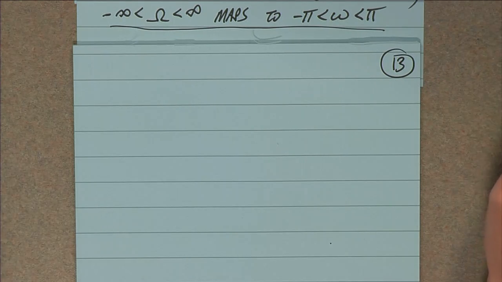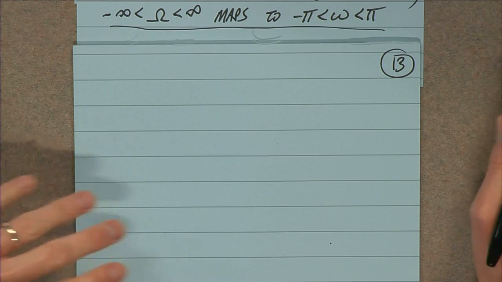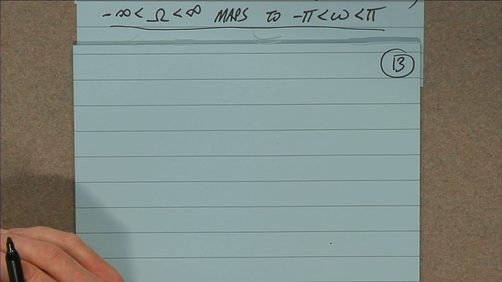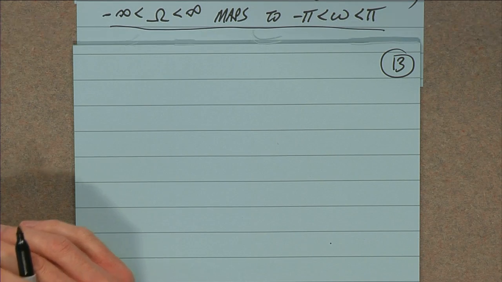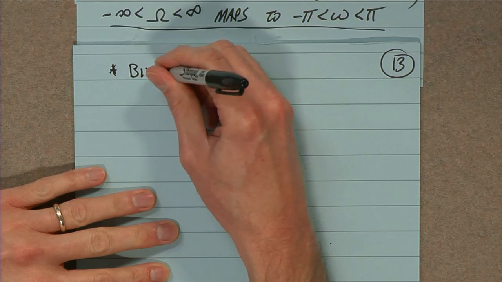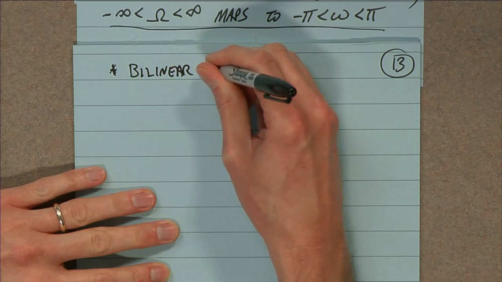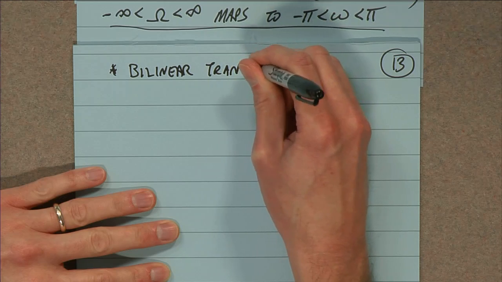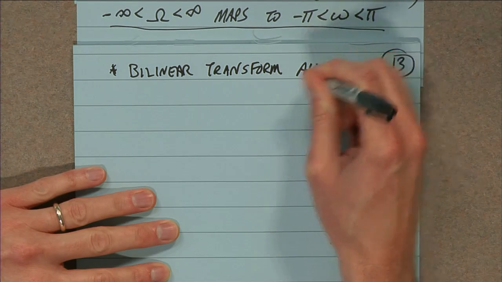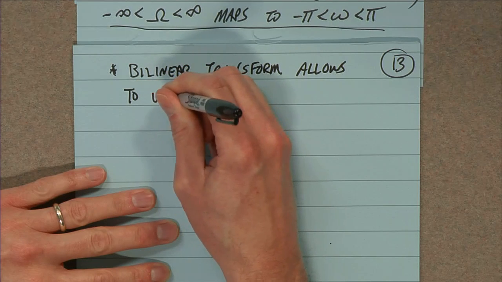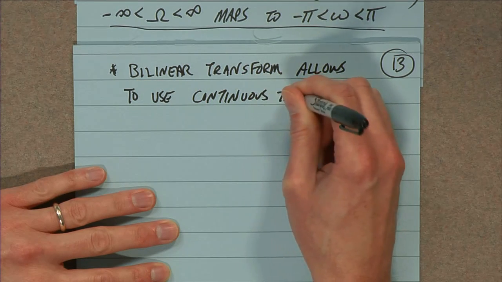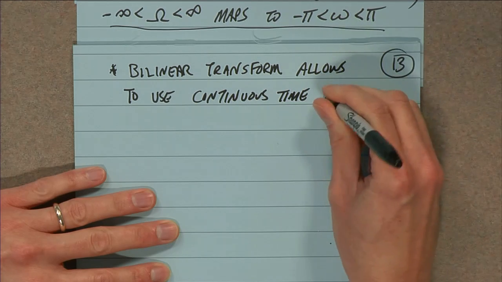But before we start all the math, let's back up and say, why would you really want to do this? What is the utility of the tool? What's the payoff for this? So the real kicker is the bilinear transform basically allows us to use continuous time filter design techniques.